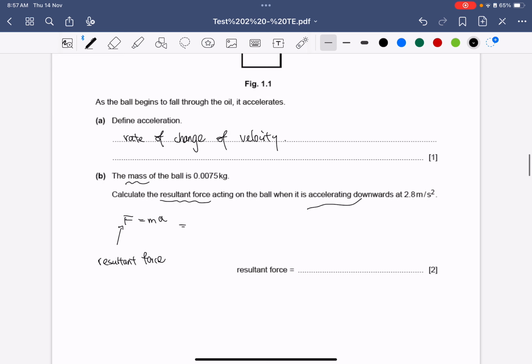So therefore, 0.0075 times 2.8. Check unit, kg, good. Meter per second square, good. So we can just plug that in. 0.021, unit Newton.